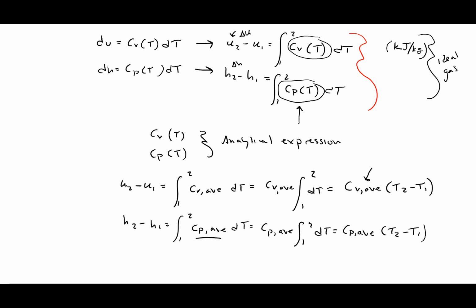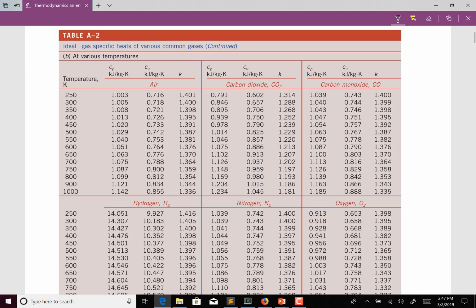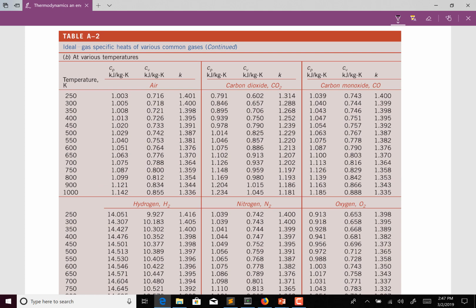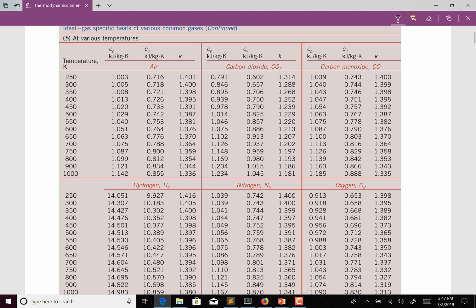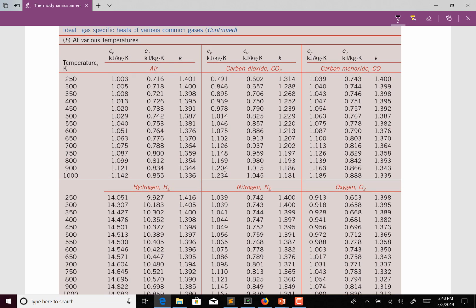So the way that we would look these up, let's go back to the chart. So now we want to look at Table A-2b. So for this table, this is for certain gases. So we have air, carbon dioxide, CO, hydrogen, nitrogen, and oxygen.